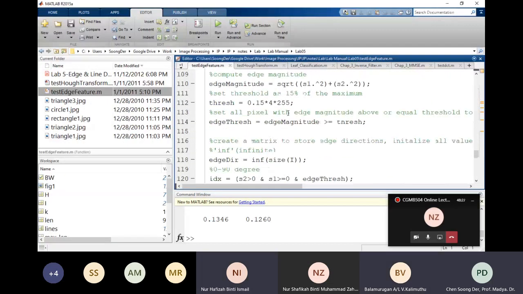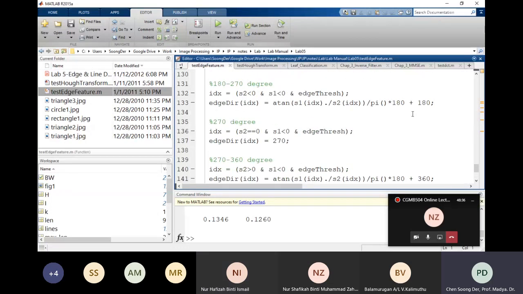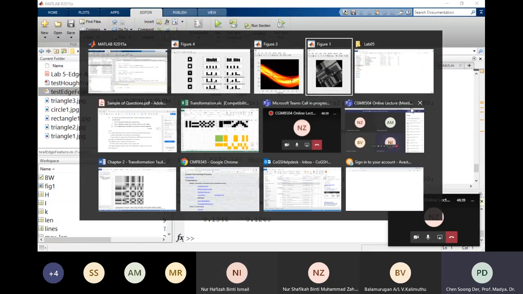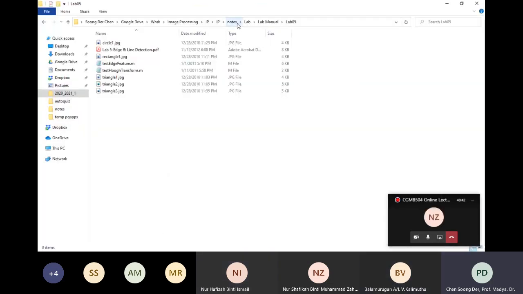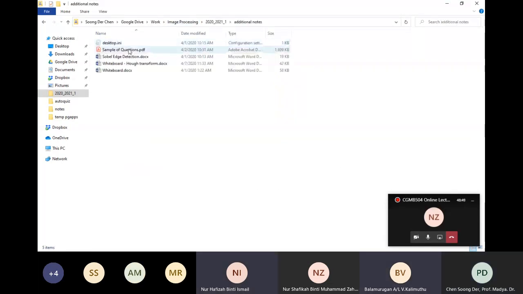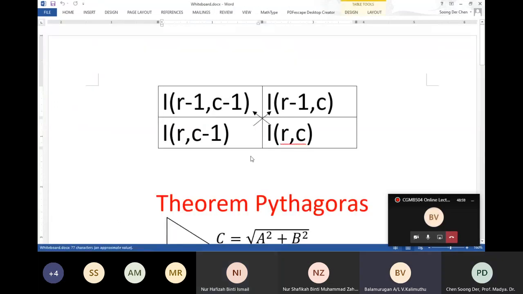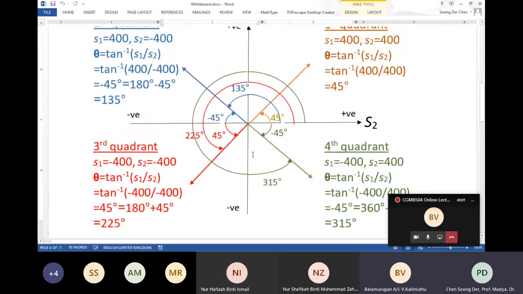The concept is simple, but of course to do the actual implementation, these are all the codes inside, including what you learned. If the angle is between 270 and 360, what you need to do is add 360 and add what? Remember the one that I mentioned to you in the class, about the 4 quadrants? Remember this thing?